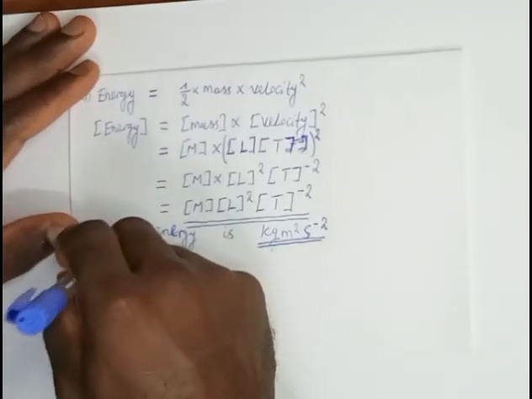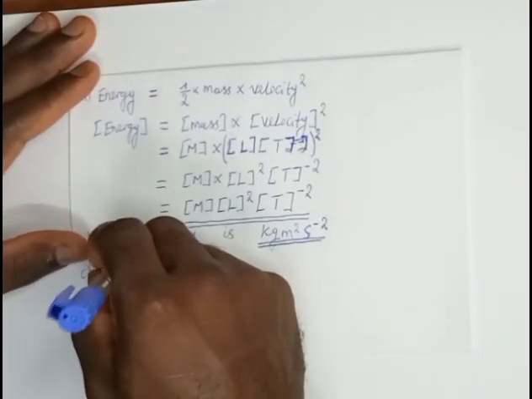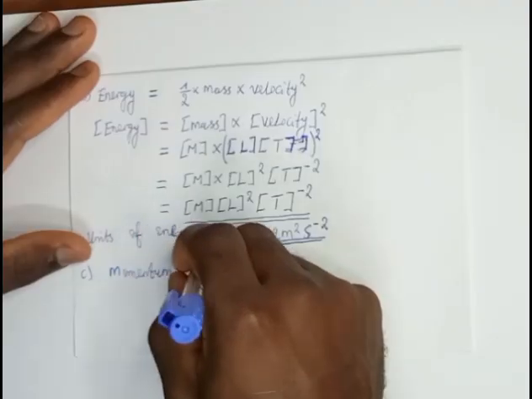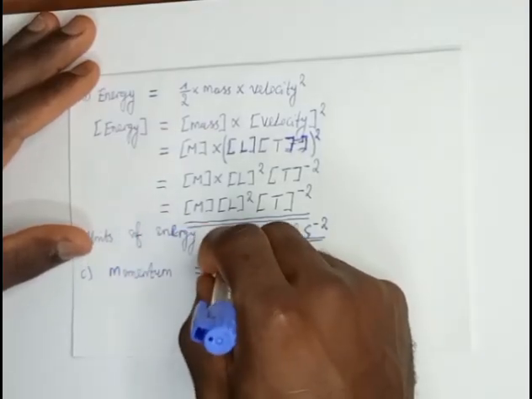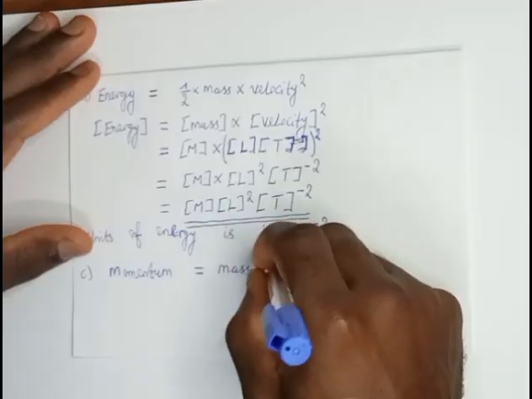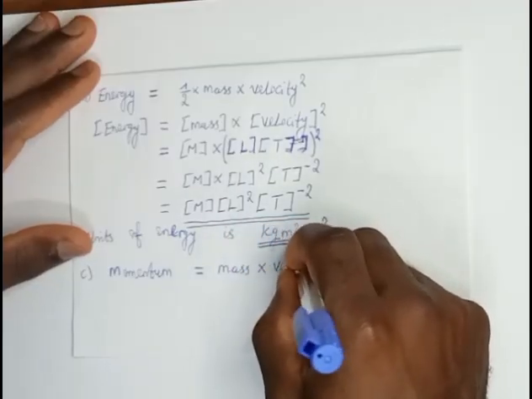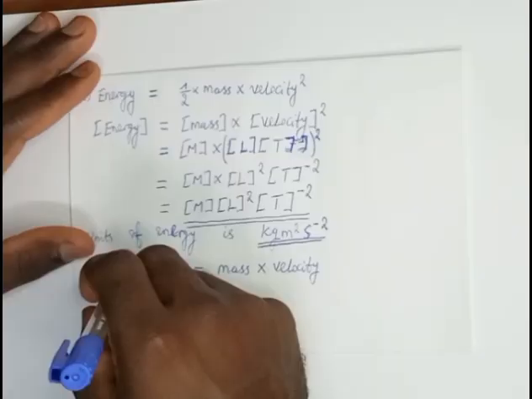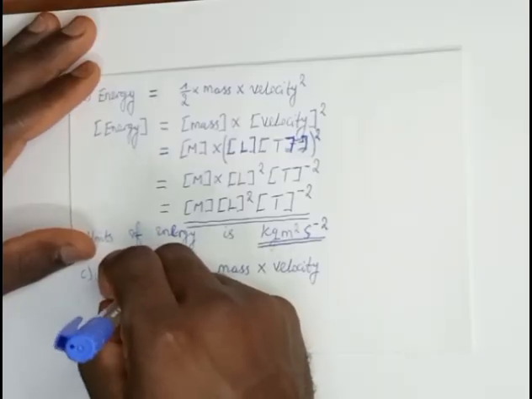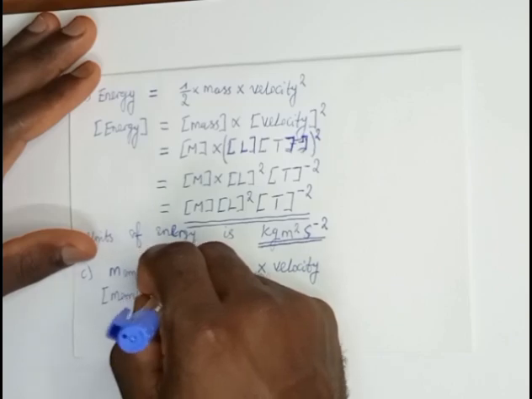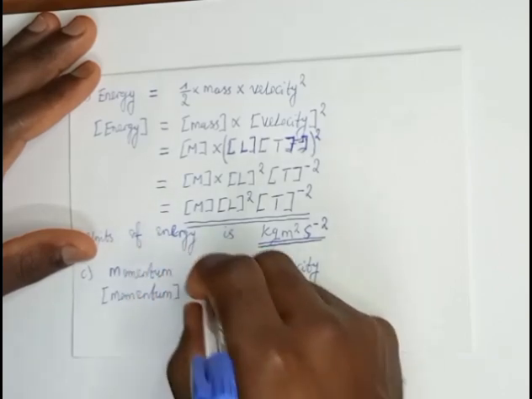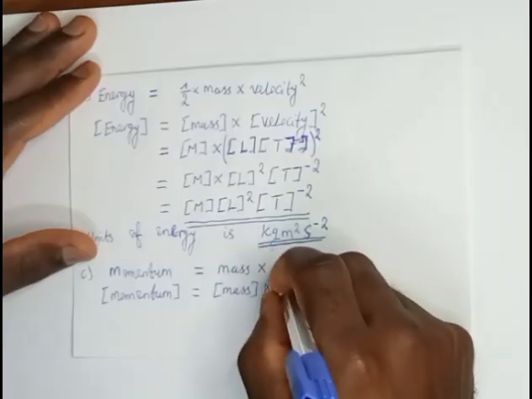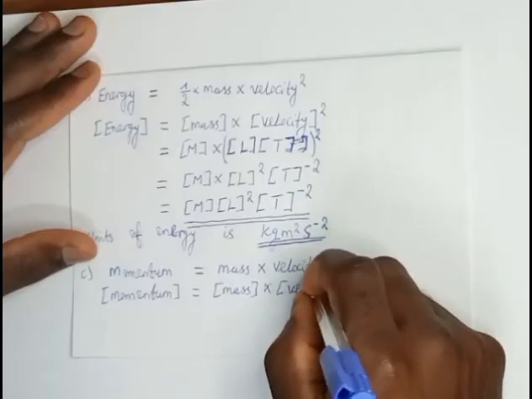We move now to C. For C, we have momentum. Momentum is simply equal to take the mass times velocity. It's a vector quantity. That means the dimension of momentum will simply be equal to the dimension of mass times the dimension of velocity.